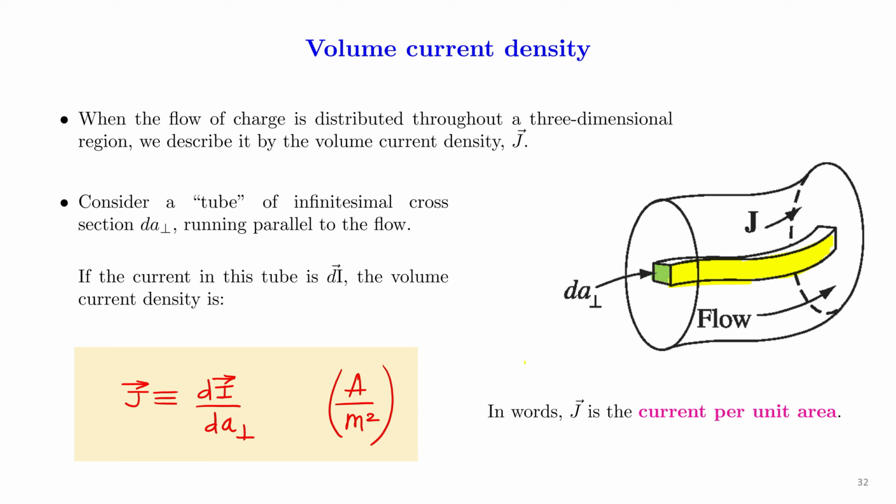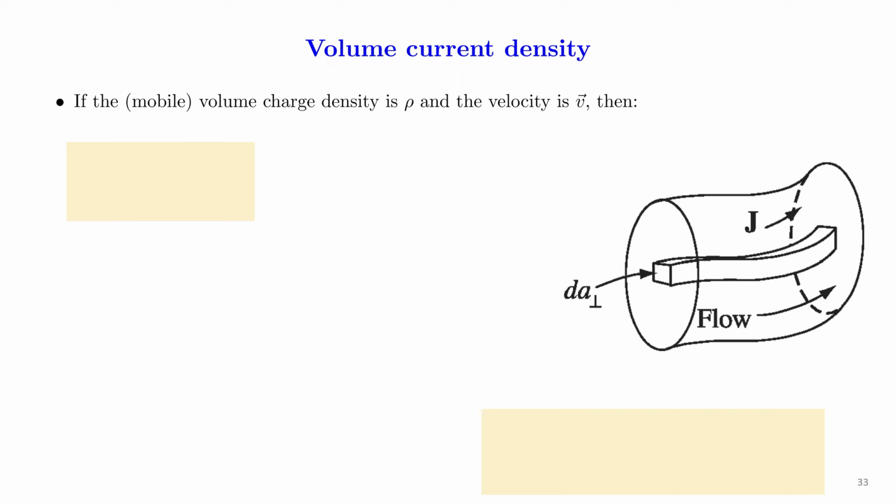That is, J is the current per unit area. If the mobile charge density is rho, that is, rho is defined to be dq over d tau, and if the velocity is v, then we can write the volume current density J as equal to rho v.